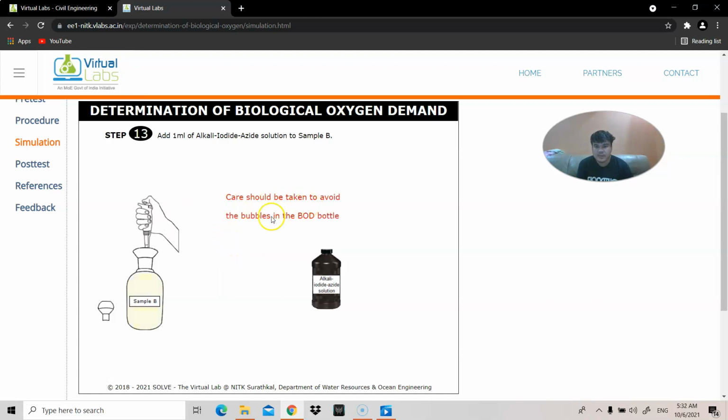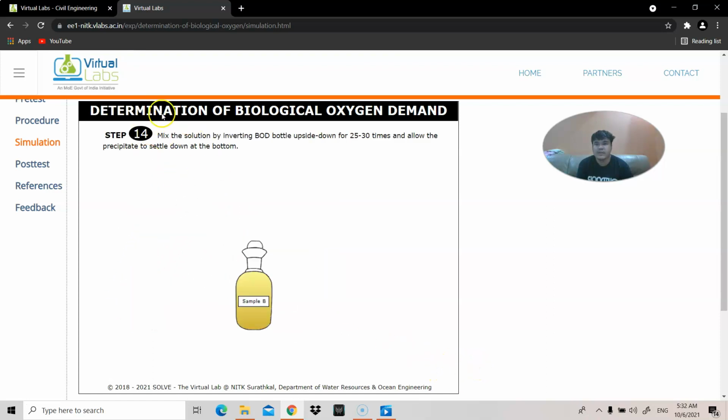Care should be taken to avoid the bubbles in the BOD bottle. Step 14. Mix the solution by inverting the BOD bottle upside down 25 to 30 times and allow the precipitate to settle down at the bottom. Allow the precipitate to settle down for 3 minutes.